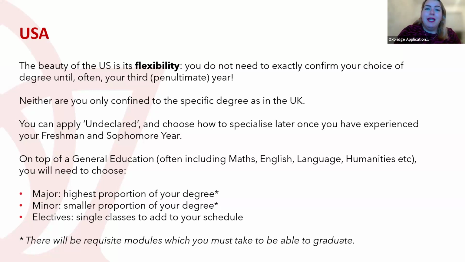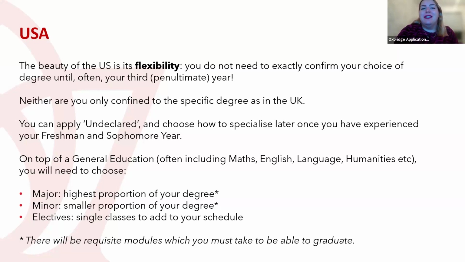So you can be undeclared to begin with, but then you will need to start specifying later on as you progress. But just to also highlight here this evening that studying in the US, as I mentioned, you may have specific jigsaw pieces that you must use towards your graduation. They often come in the form of the general education requirements.